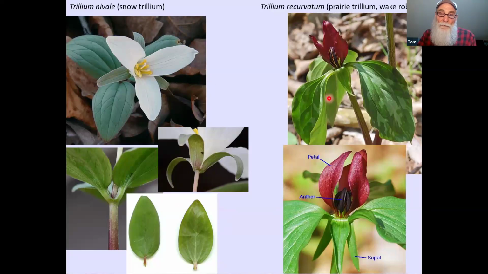And this is another trillium that will be coming along soon. It's not quite as early as snow trillium. This is Trillium recurvatum, prairie trillium, or wake robin. Snow trilliums occur pretty much throughout the entire state. They go all the way over into western Iowa.